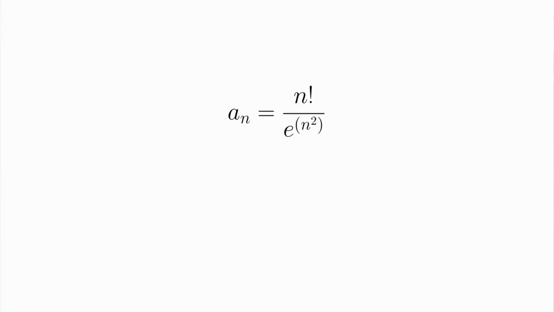The command that we use is precisely the same as the command lim that you saw in this example just a moment ago. So suppose that we have a sequence defined by this formula that you can see on the screen right now, and we want to find its limit at infinity.